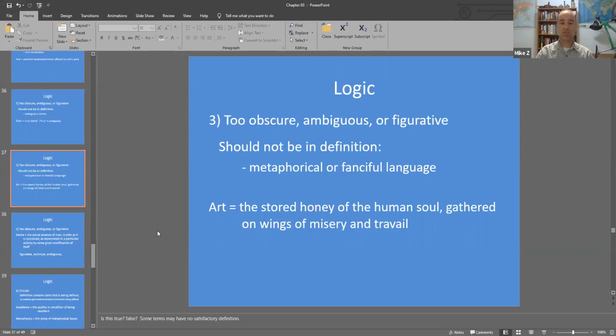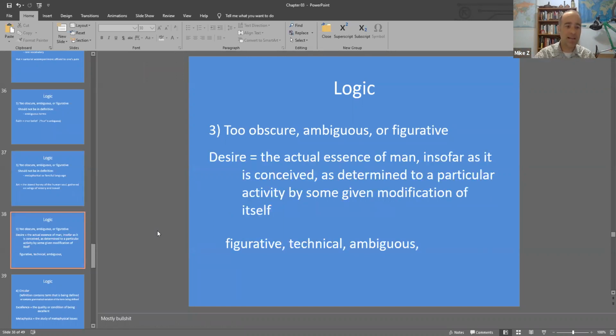Art is the stored honey of the human soul, gathered on wings of misery and travail. Okay, so is the Mona Lisa art or not, according to this definition? I have no idea. It sounds fancy. It can be great in poetry or literature, but in an argument, this is a terrible definition for art.